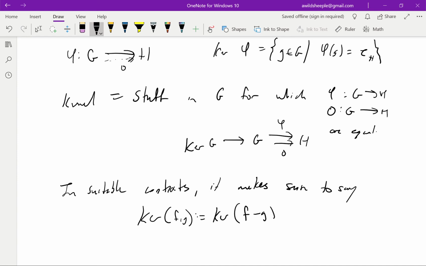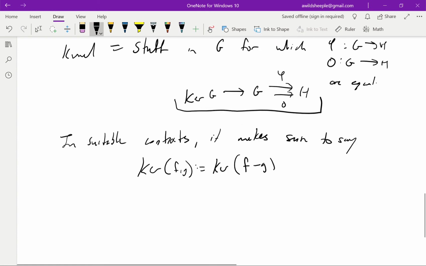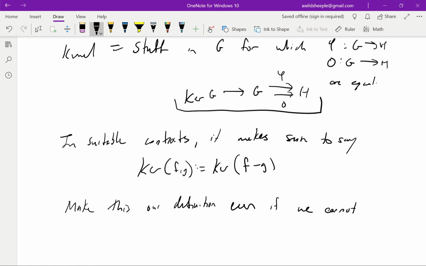So this is capturing our idea that the equalizer should be the object that we use to fit two things together. And so we take this diagram to be our definition, even in the case when we can't actually take the difference. And that's the source of our categorical definition.